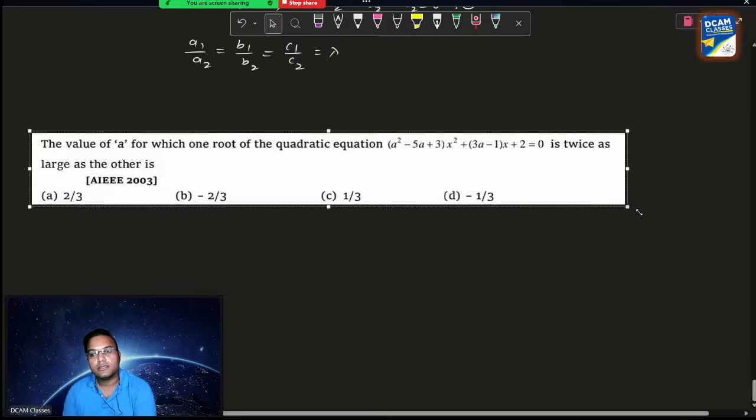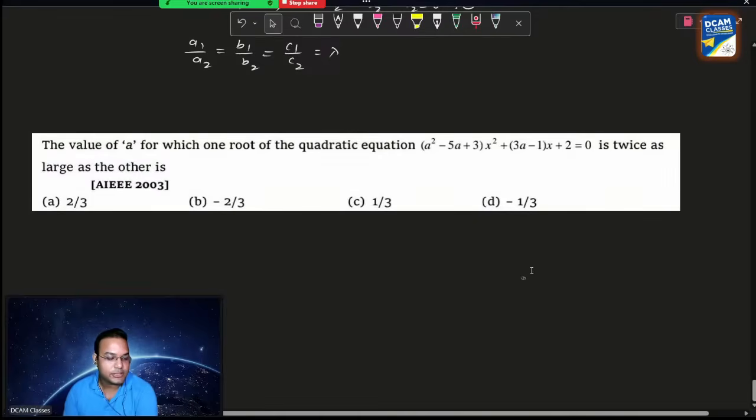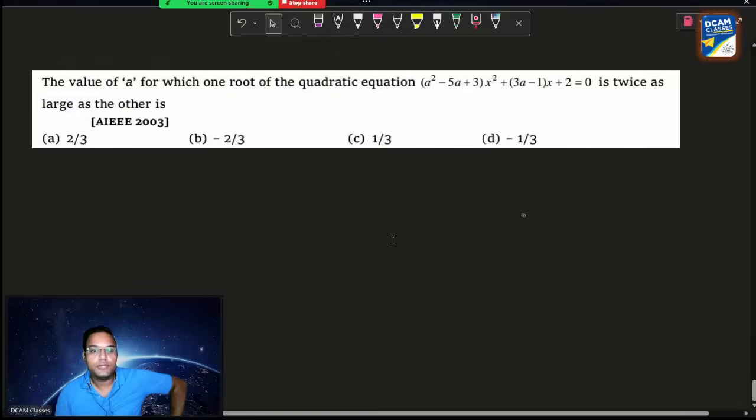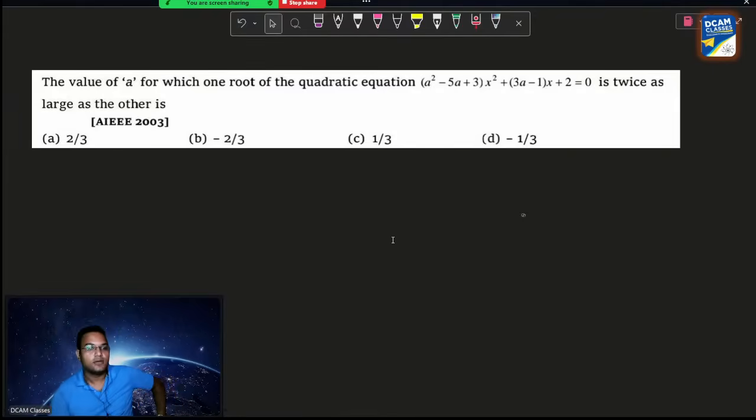And on the parabola part, I'll give you questions on both inequalities and drawing the graph. Few things I'll tell you, just better observation. One is Descartes' rule of sign change to find out the number of positive roots. And there is one observation based on graph that also I'll tell you. And then we'll solve questions.